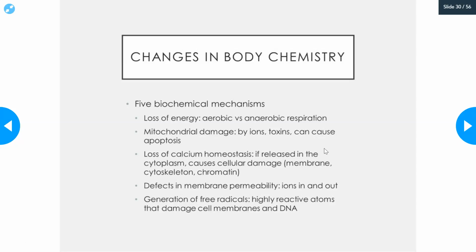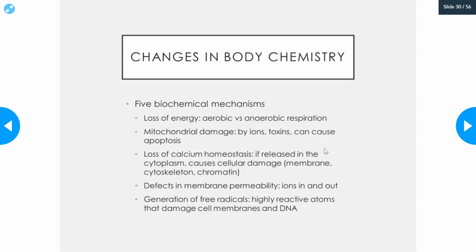Loss of calcium homeostasis: if calcium is released in the cytoplasm, it can cause cellular damage to the membrane, to the cytoskeleton, and to chromatin. Normally it's contained, right?